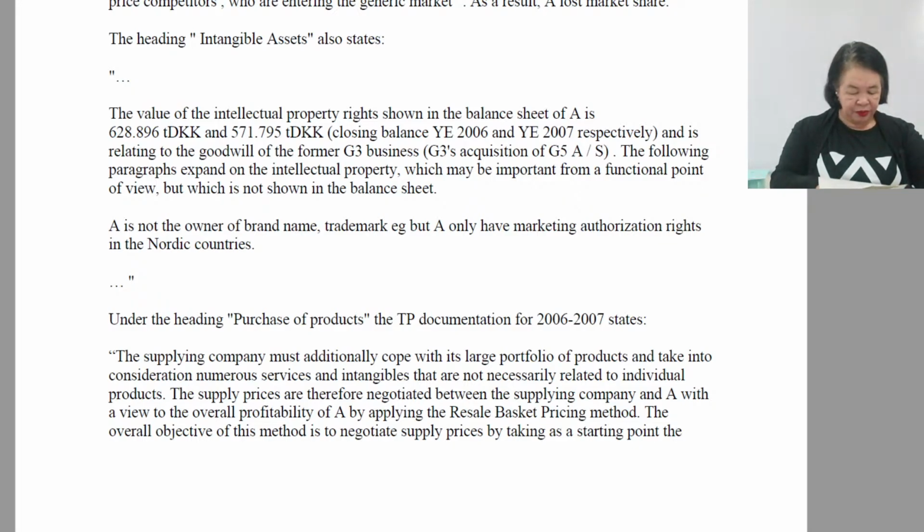No? The overall objective of this method is to negotiate supply prices by taking as a starting point the foreseeable turnover of the local company and negotiating on the gross margin, which should actually adequately remunerate its function and lead to an acceptable net operating margin.